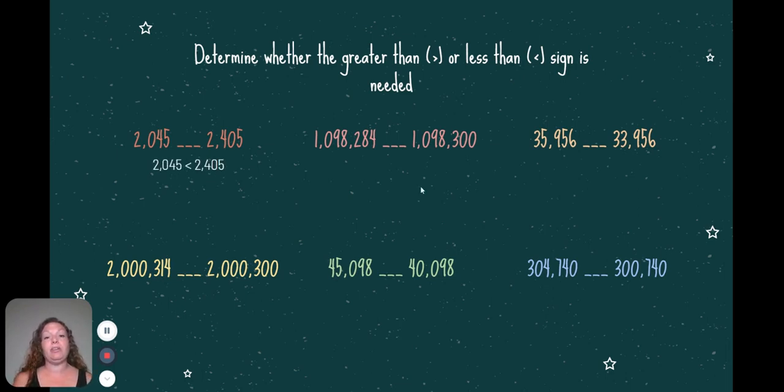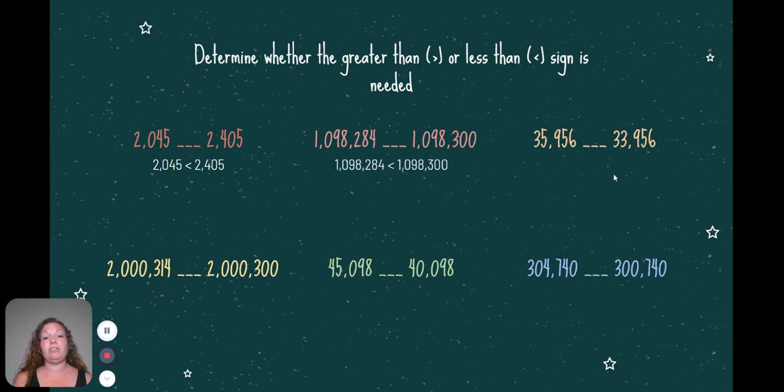Let's look at the next one. 1,098,284 greater than or less than 1,098,300. Okay, so up until the hundreds column, if we're reading from left to right, these numbers are the same. So you need to compare 284 to 300, and that's less than.